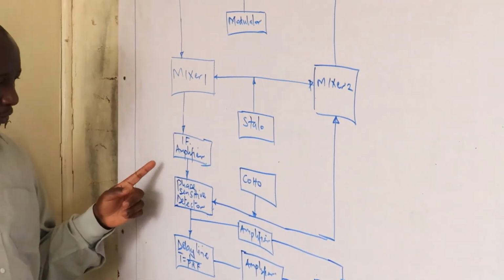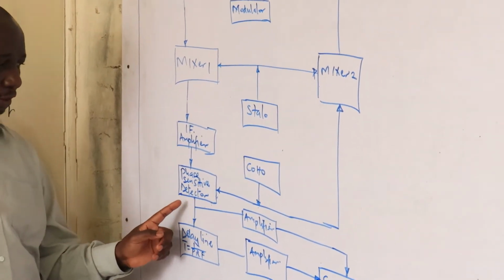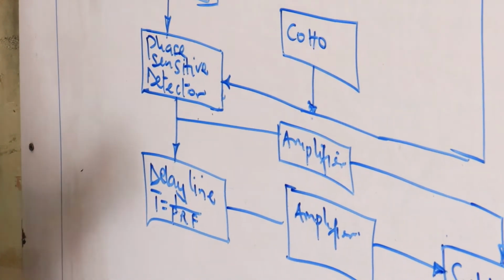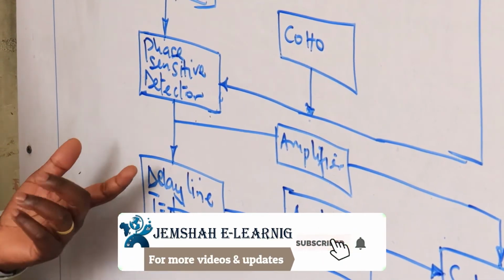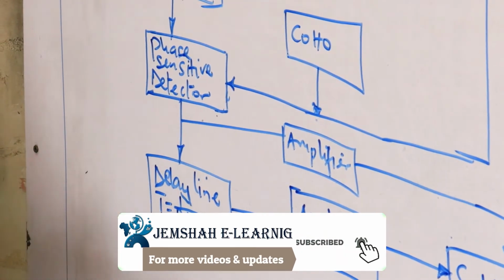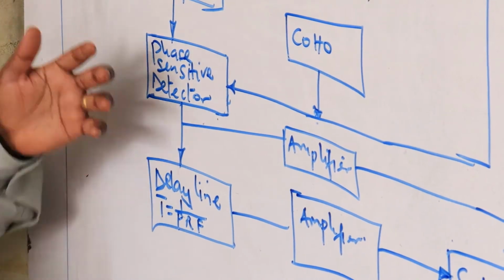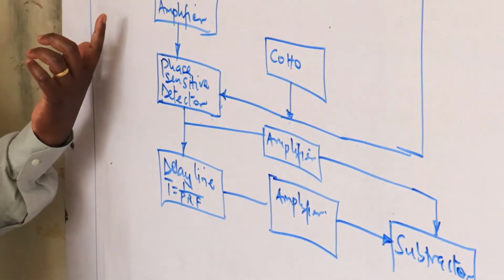The coho also sends a reference to the phase sensitive detector so that we have the detection as required. A delay line is created so that we compare the actual signal and the phase signal when they are being processed. This is basically what we refer to as an MTI radar system.